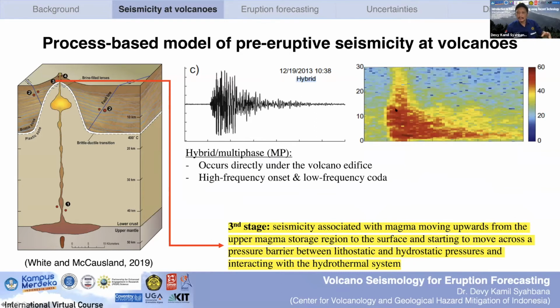It has the onset of high frequency events, as you see on the screen here. You see that the onset is higher frequency, but then followed by the low frequency. That's the hybrid events. The hybrid events are also located beneath the volcanic edifice and relatively shallow.